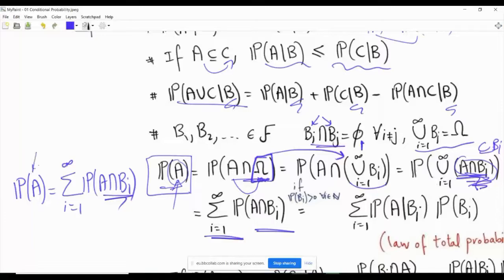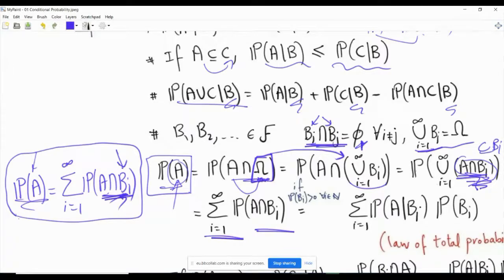Sometimes this A itself is complicated, but A intersection Bi for every i is sort of straightforward, and so you can compute the probability of those events and then sum them, and then you will get the probability of A. Again, this is not true unless those Bi's partition omega. So what you use here for Bi are sets whose intersection is empty for any i not equal to j, and whose union should exhaust big omega. Okay, so this is the first form of the law of total probability.